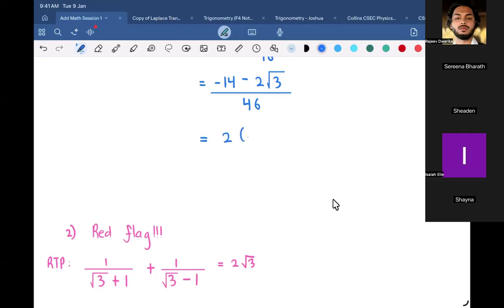What by 2 is minus 14? 7. And what by 2 equals minus 2 root 3? Minus root 3. Great. And we end up with this over 46.